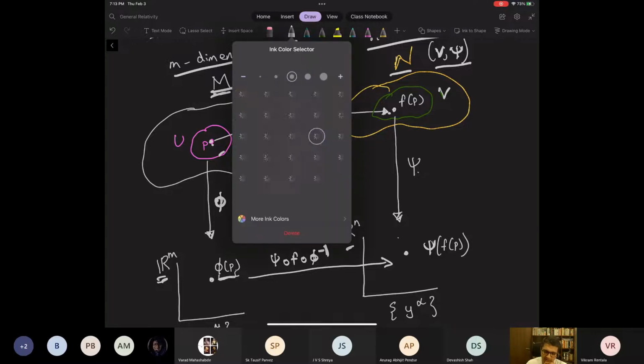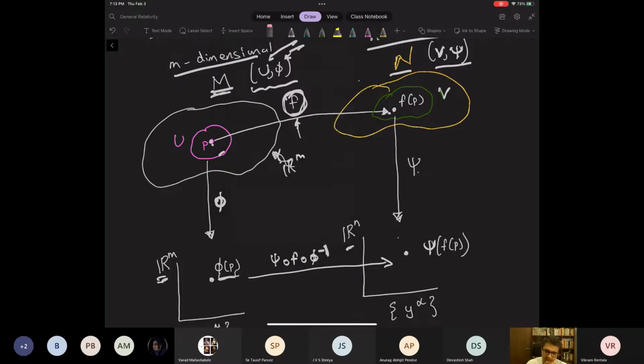So this function f is not a function from Rm to Rn, rather it is a function from M to N.